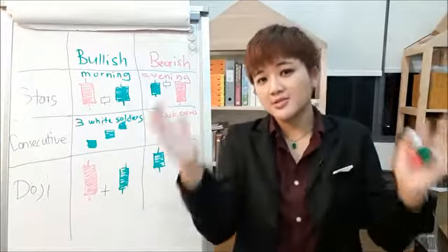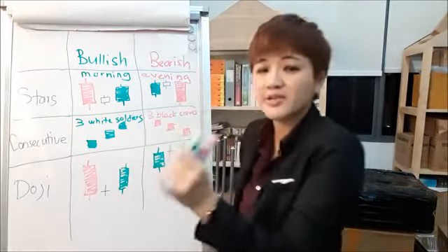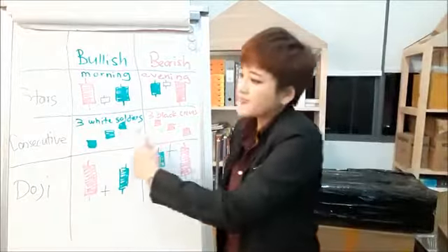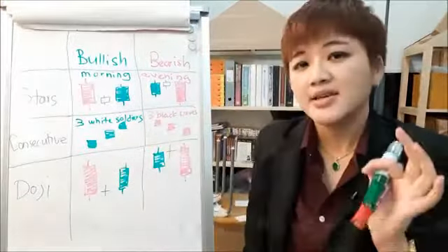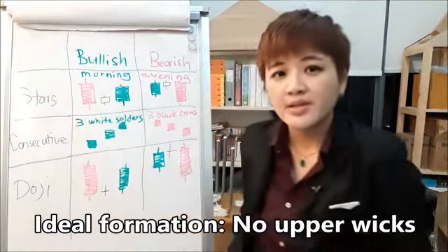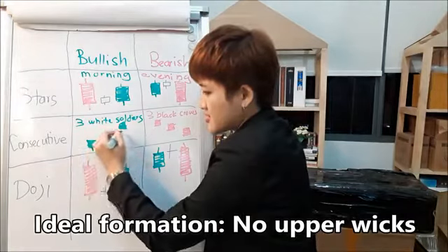If all the factors are constant, compare these two, which is stronger, which is a higher probability signal? Three white soldiers. The ideal pattern for three white soldiers is if there is no upper shadow. Okay? It is okay to have lower shadows like this.